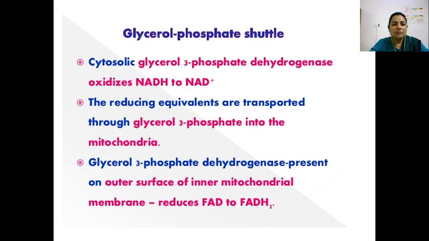In the glycerol phosphate shuttle, the cytosolic glycerol 3-phosphate dehydrogenase oxidizes NADH to NAD+. The reducing equivalents are transported through glycerol 3-phosphate into the mitochondria. Glycerol 3-phosphate dehydrogenase present on the outer surface of the inner mitochondrial membrane reduces FAD to FADH2.